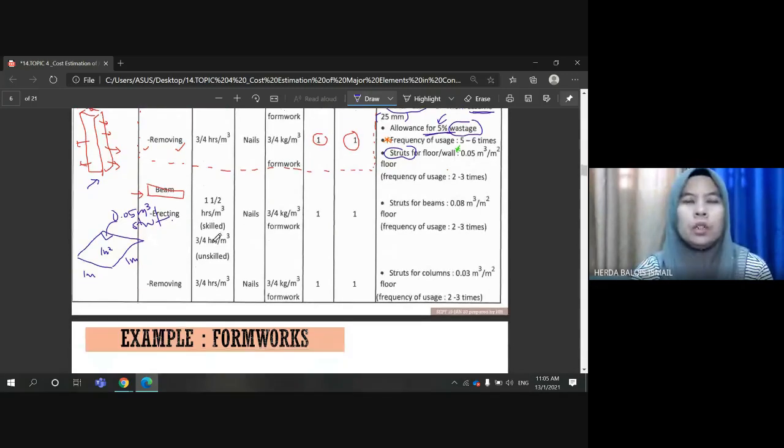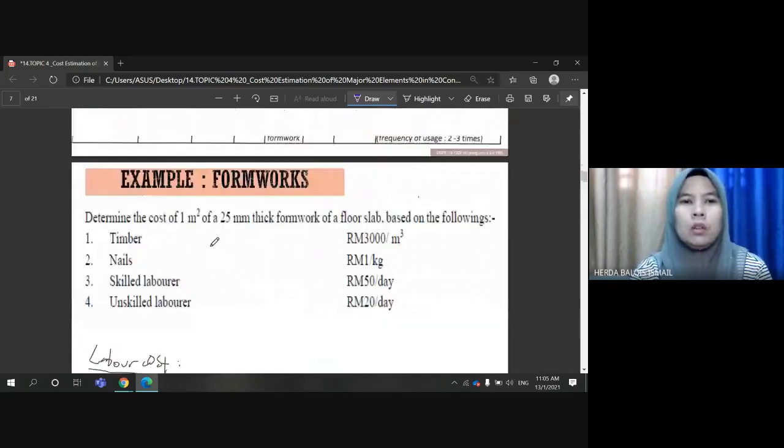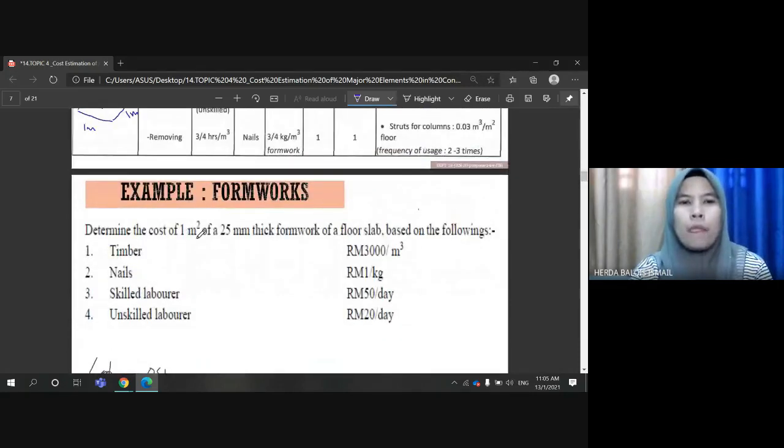For the example, determine the cost of 1 meter square of a 25 mm thick formwork of a floor slab based on the following. For timber, the given price is 3,000 per cubic meter.